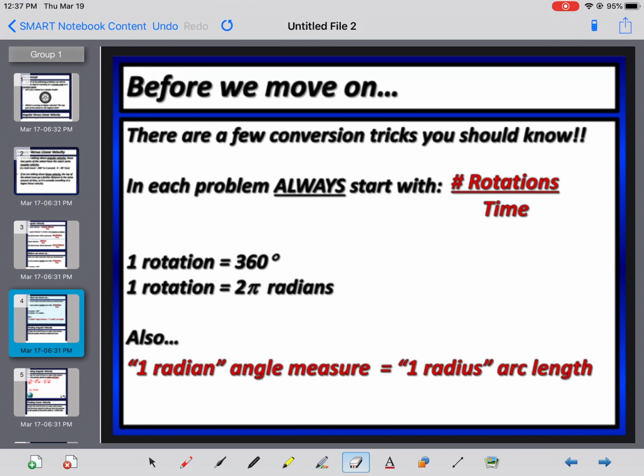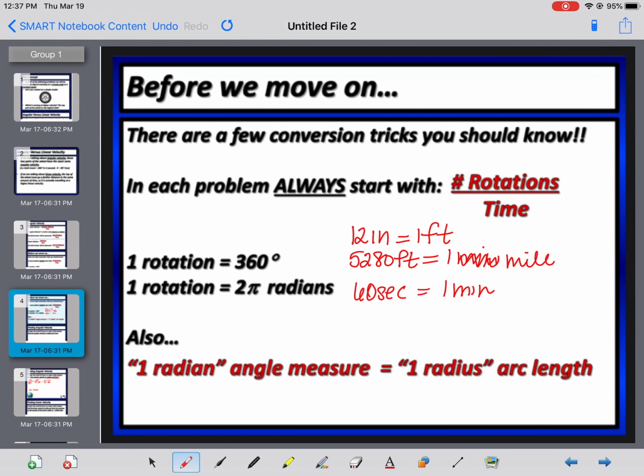Think of some other equivalent measurements that you know. 12 inches is 1 foot. 5,280 feet is 1 mile. 60 seconds is 1 minute. 60 minutes is 1 hour. 24 hours is 1 day. Think of any other equivalents that you know.